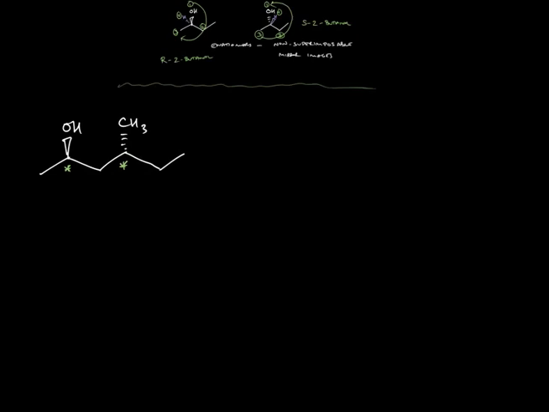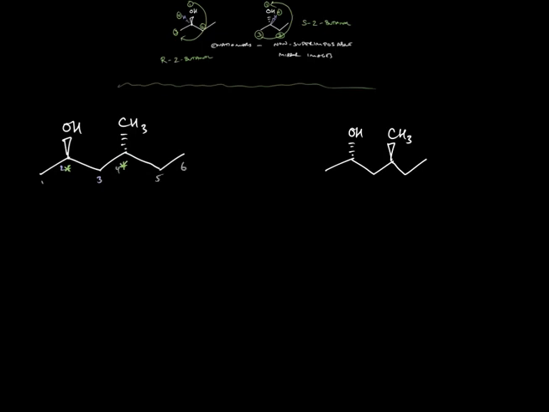And the mirror image of it would have to have both of them reversed. So therefore, the mirror image of this guy would be this one. And that would be the enantiomer. So if we name this guy, let's number it, 1, 2, 3, 4, 5, 6.